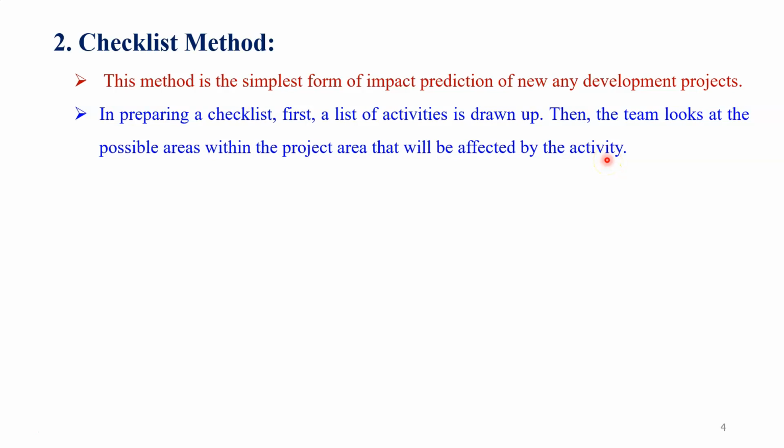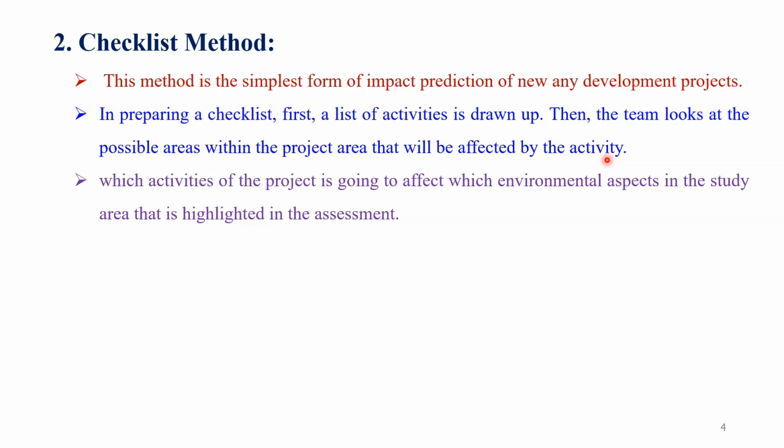The simple meaning of this sentence is that when we are going to start a new project, we make a list of the various activities involved in that project. And another very important thing, simultaneously we make a list of which environmental factor will be affected by each and every activity involved in the project.